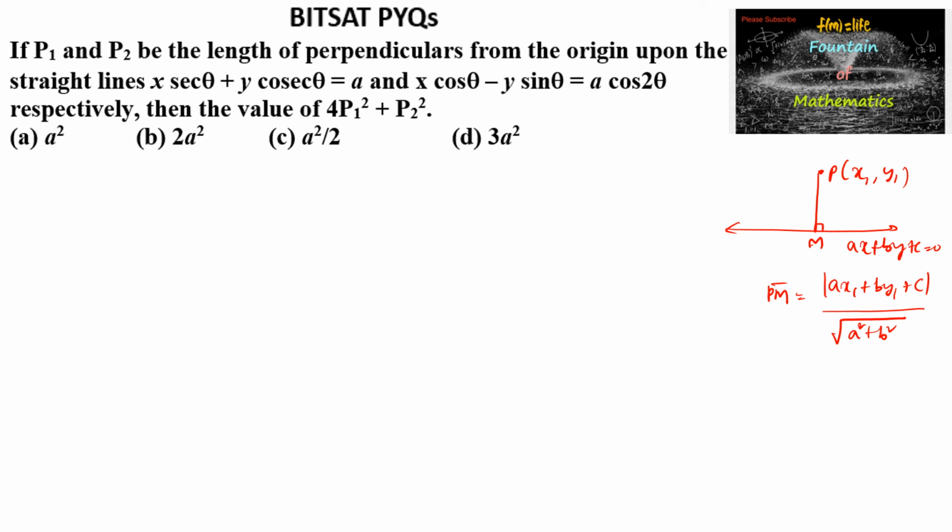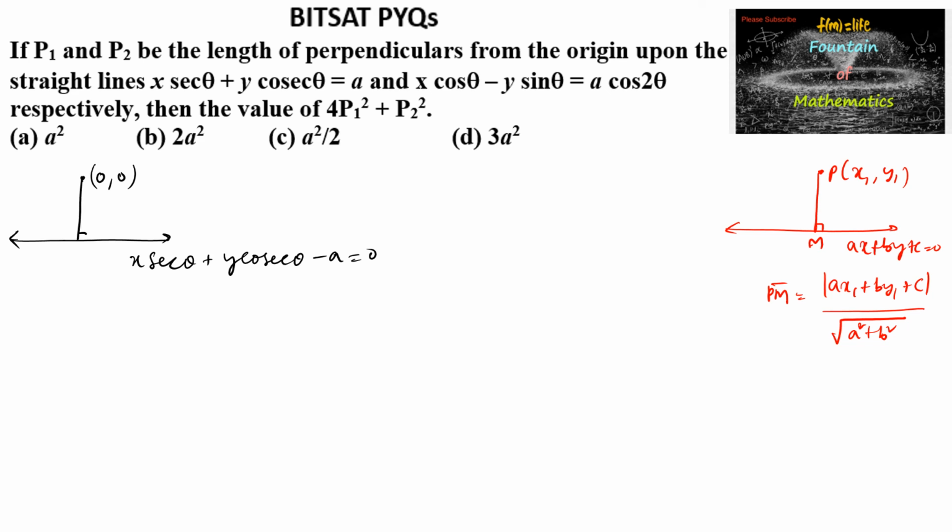So let us use this formula here. So perpendicular distance from origin upon the line x secant theta plus y cosecant theta minus a is equal to 0.